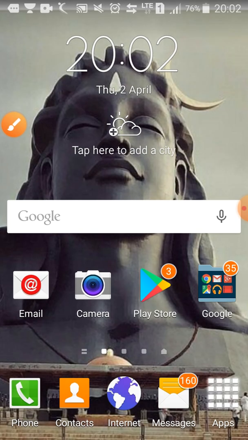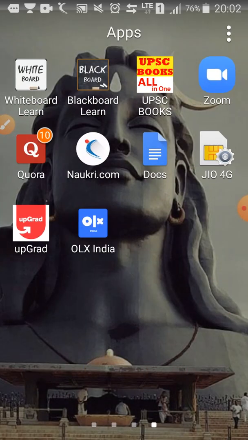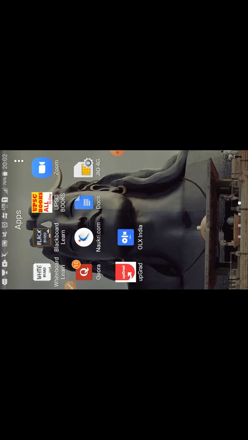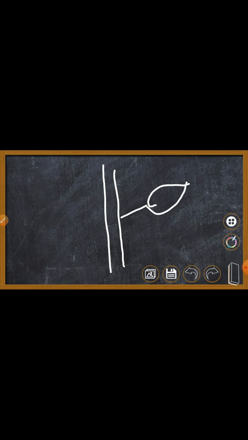What is petiole? So this is the stem, and this is the leaf.